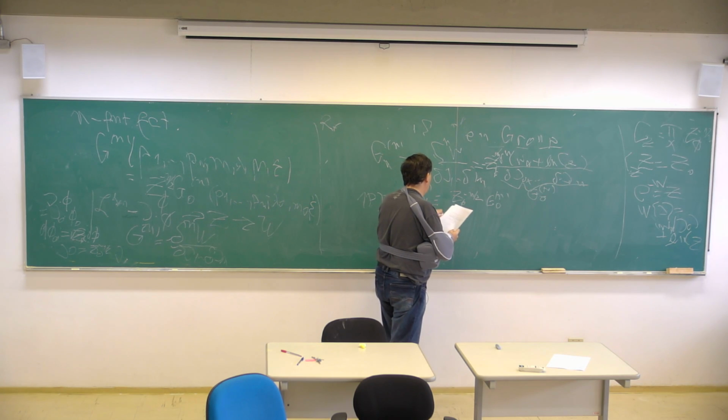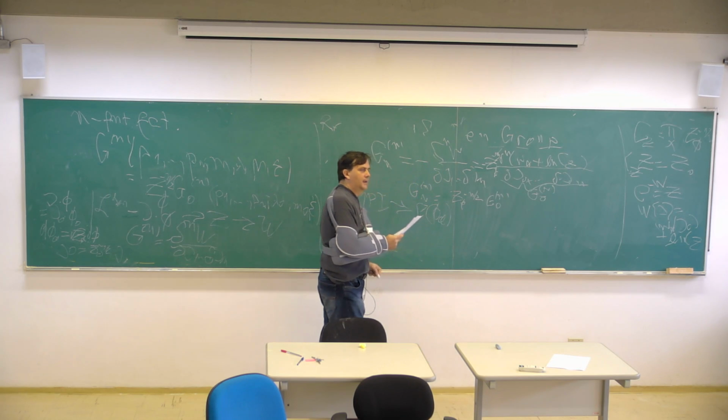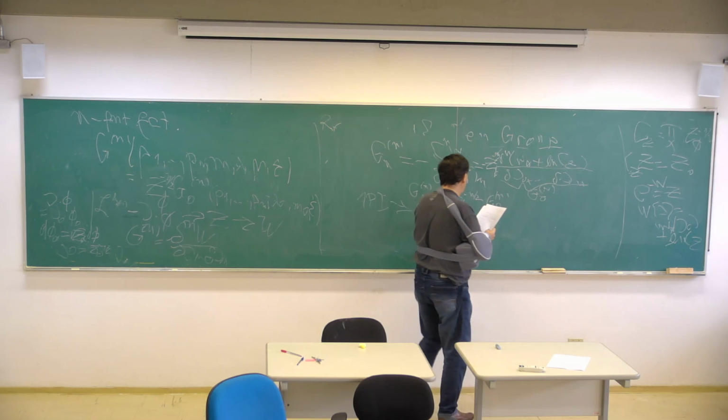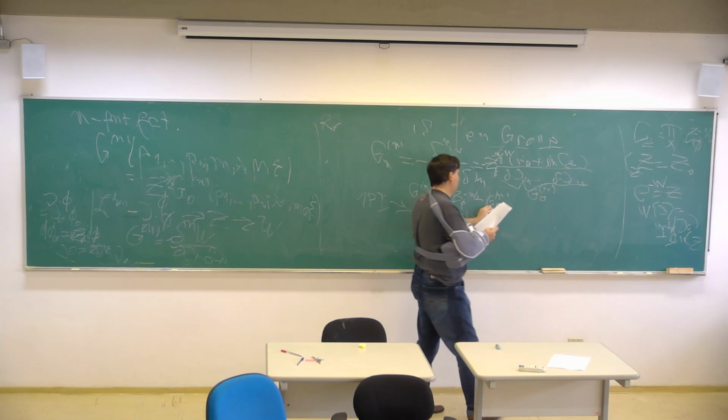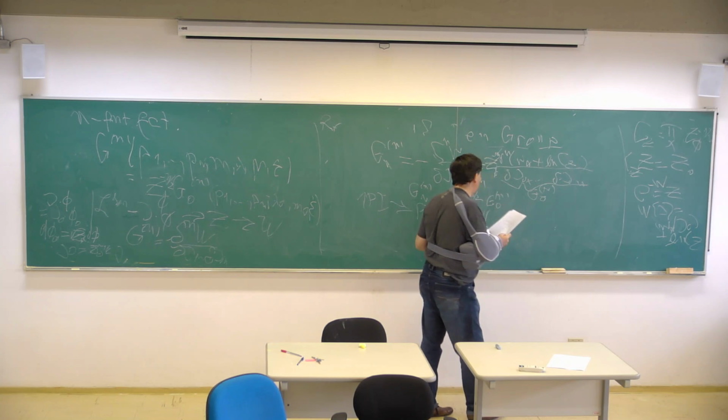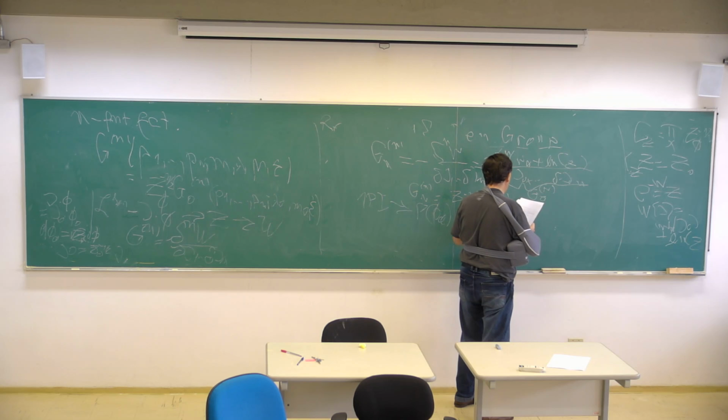Then the effective action gamma depends on a classical field, and as you remember, is the Legendre transformation of W. W of Z plus J phi.